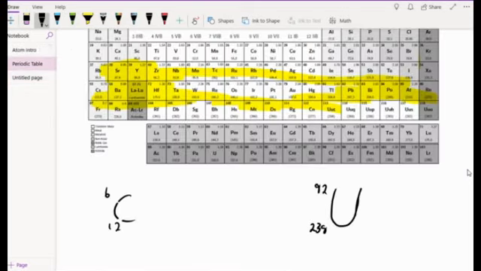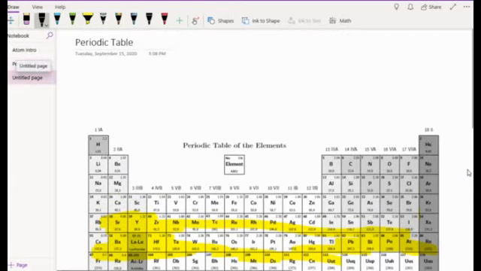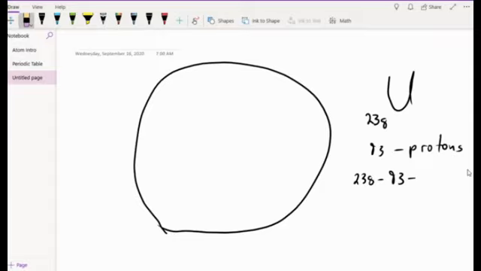Sorry, it's 92. So this is 92. So 238 minus 92. That's 146. We have 146 neutrons.